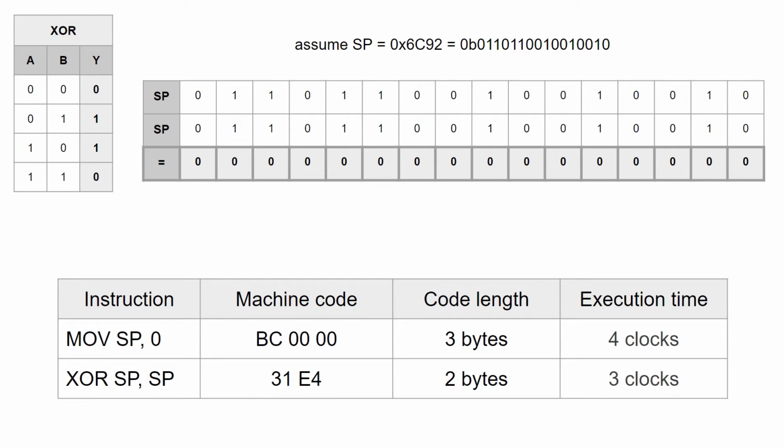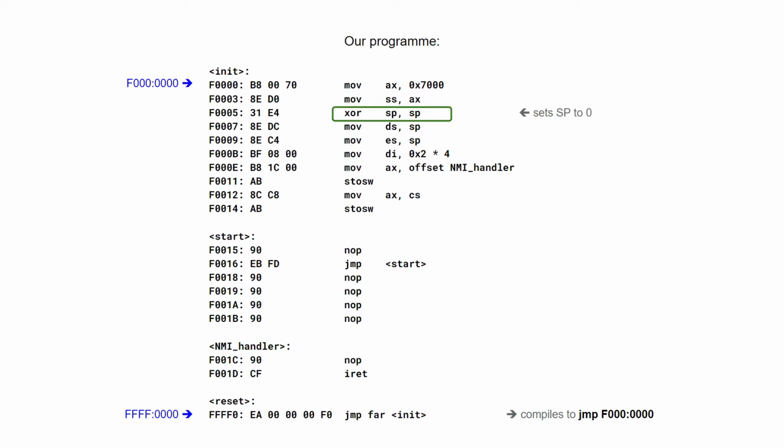The move one takes 4 clock cycles and the XOR one takes only 3. So the XOR is not only shorter, thus requiring fewer bus cycles to read from memory, but it is also faster to execute. This is the reason why you would never see the move instruction to set any register to 0 in code produced by any high-level language compiler. Assembler programmers knew that as well and were always using XOR for that.